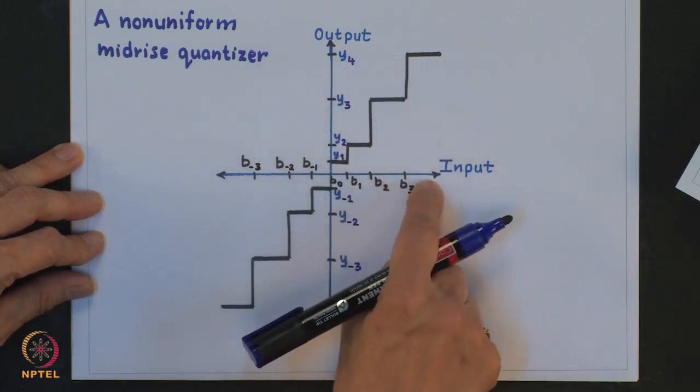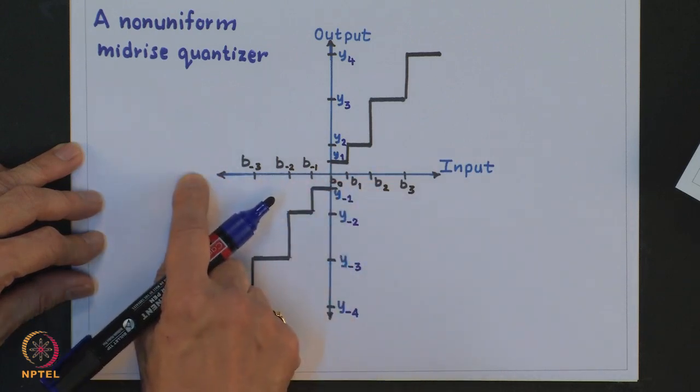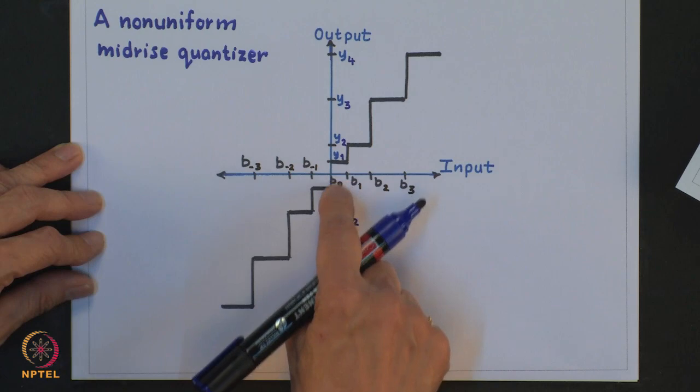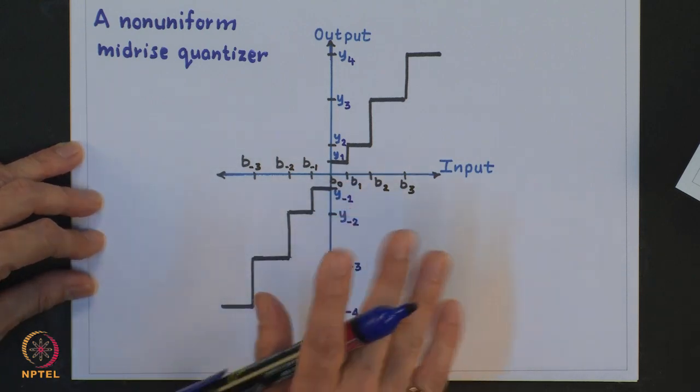Once we get this, then immediately we can get the other decision boundary points on the negative side and we can get the reconstruction levels on the negative side. It is just symmetric.